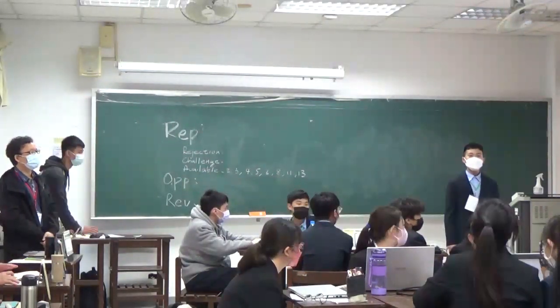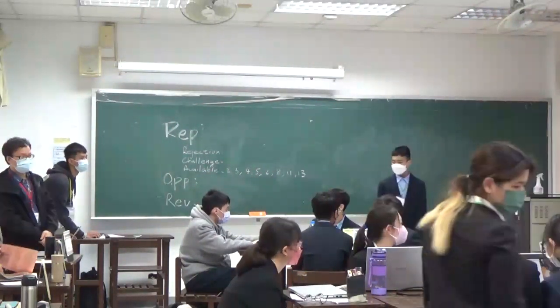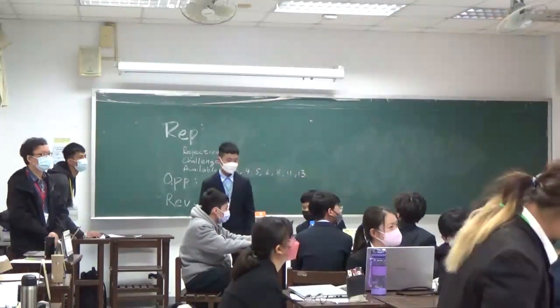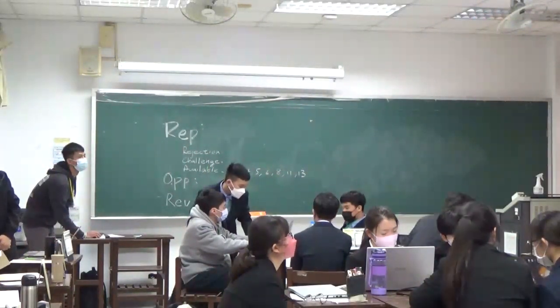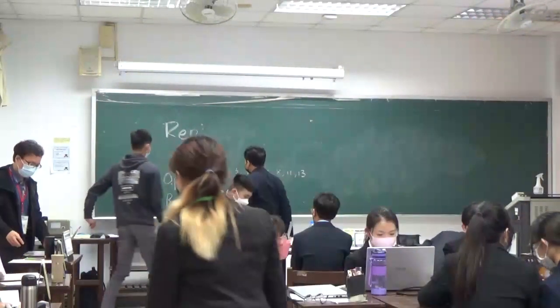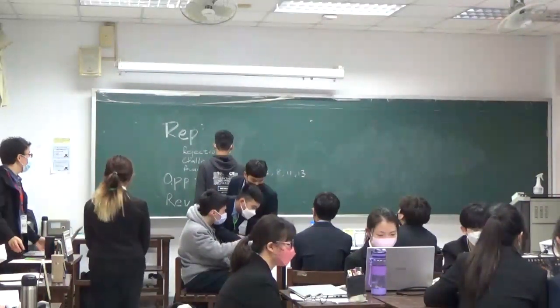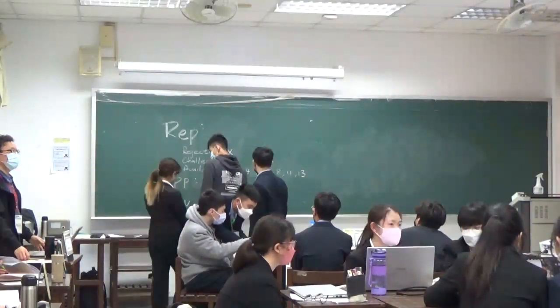Okay, the opponent would like to accept. Okay, problem accepted. Number 4, colored line. The reporter has 5 minutes to prepare. In the meantime, please write down the names of your representatives on the board.